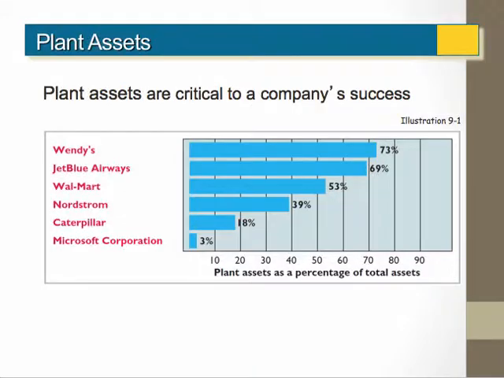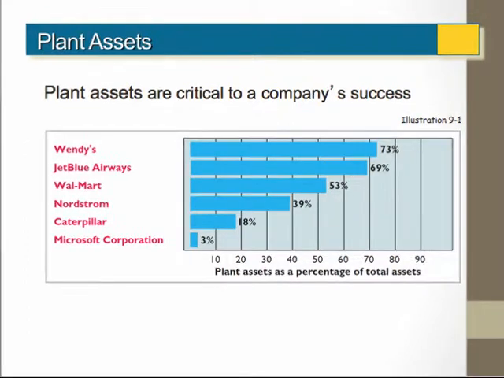Now, companies will have different degrees of plant assets depending upon the type of work they perform. For instance, a fast food restaurant like Wendy's will have a significant amount of plant assets, whereas a retail store like Walmart will have less plant assets since they don't manufacture anything and really don't require a lot of property, plant, and equipment.